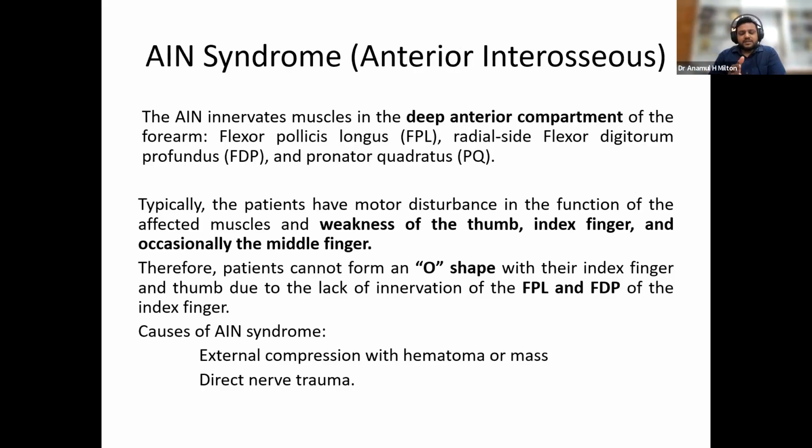There is one nerve that also arises from the median nerve, the anterior interosseous nerve. If there is any compression or entrapment by the two muscles, flexor pollicis longus or flexor digitorum profundus, it causes tingling sensation, weakness, and affects the muscles, especially the thumb, index finger, and a few in the middle finger.